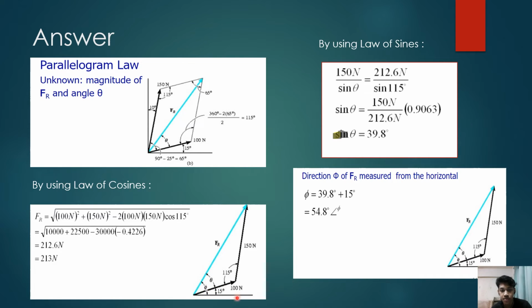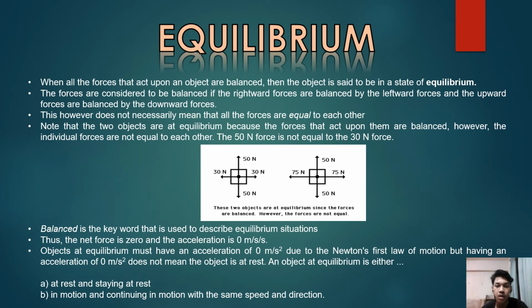The theta is measured from the horizontal, which means we must include this 15 degree. So we just add it with the previous answer we got by using the law of sine, which is 39.8 plus 15. Then we will get 54.8 degree. So that is the angle for the resultant force. So that's the answer for this example.